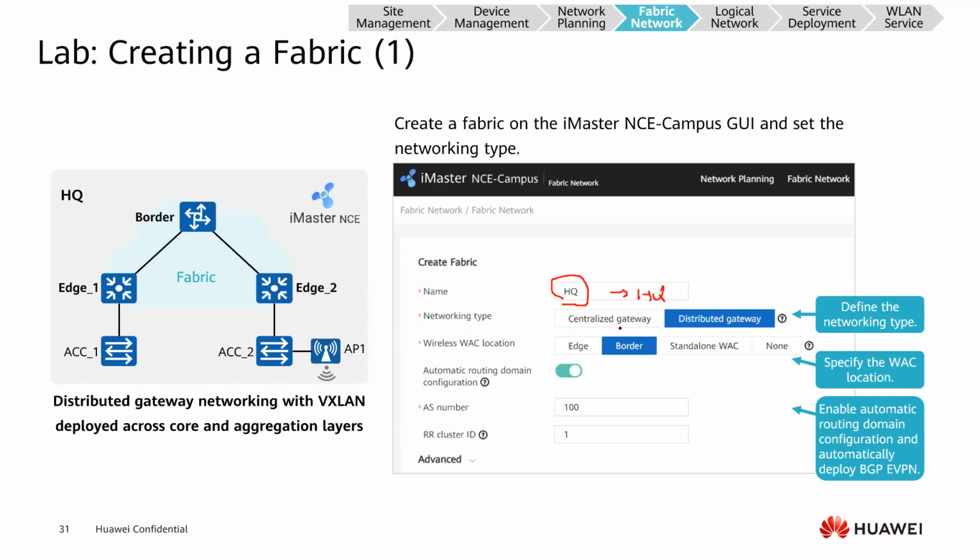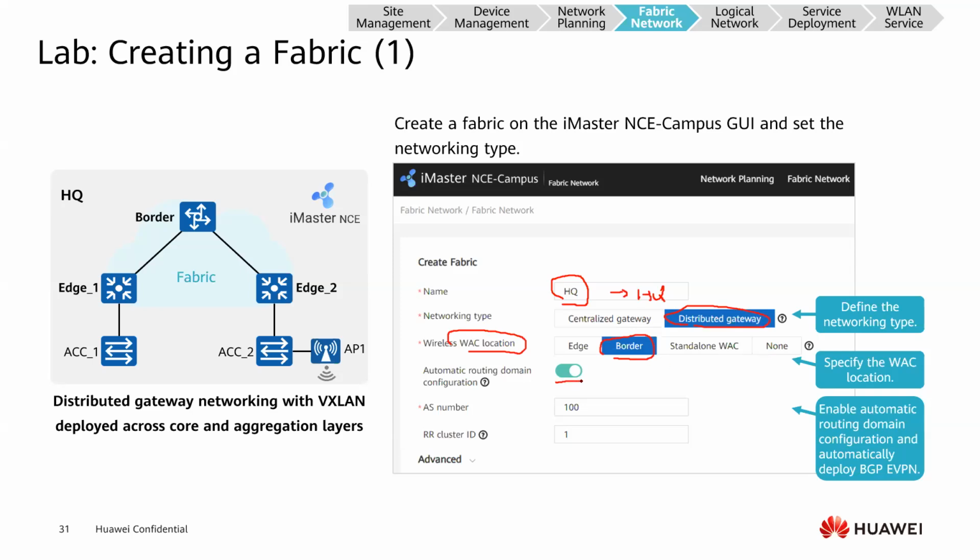For the network type, for the gateway, we choose the distributed gateway in our experiment, right? And if you use the centralized one, you can choose the first one. And the AC is located on the border. If you use the edge, you can also use the edge as a native AC or use a standalone AC, or if you do not deploy a dual-line, you can choose none.